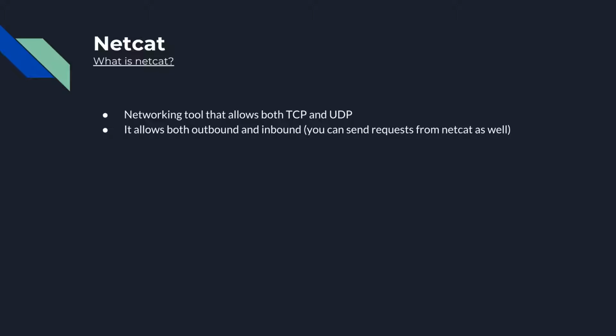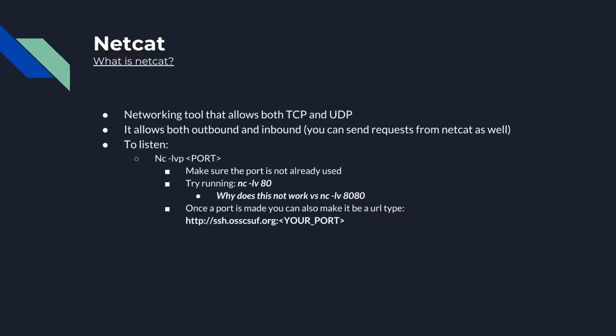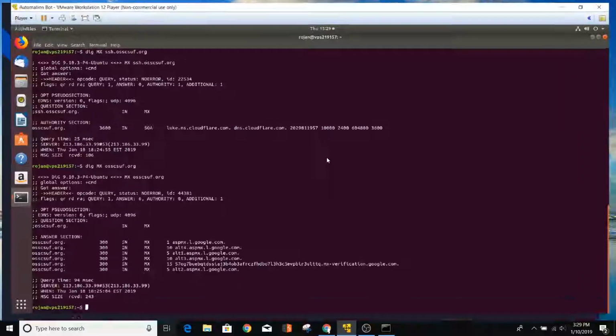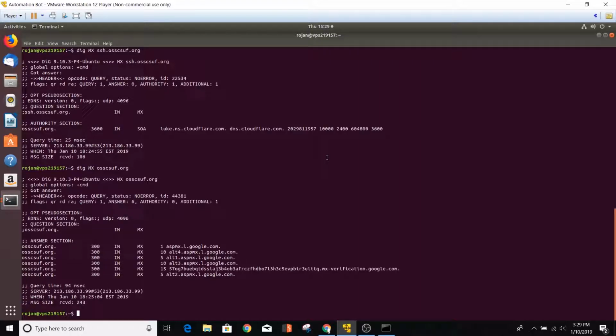So let's go to the next point. In this point we're going to start with how to listen with Netcat. If you are an attacker, you'll be listening, and if you are a victim, you'll be connecting to the listener's port.